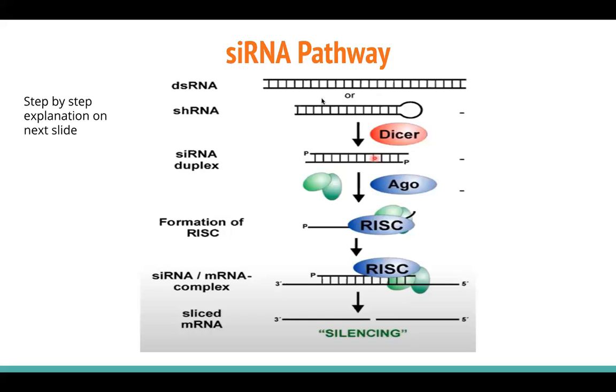After you inject your siRNA, Dicer is again going to come and cut the double-stranded RNA or the small hairpin RNA. It doesn't really matter. Dicer is going to cut them. Argonaut is again going to find this and make the RISC complex.